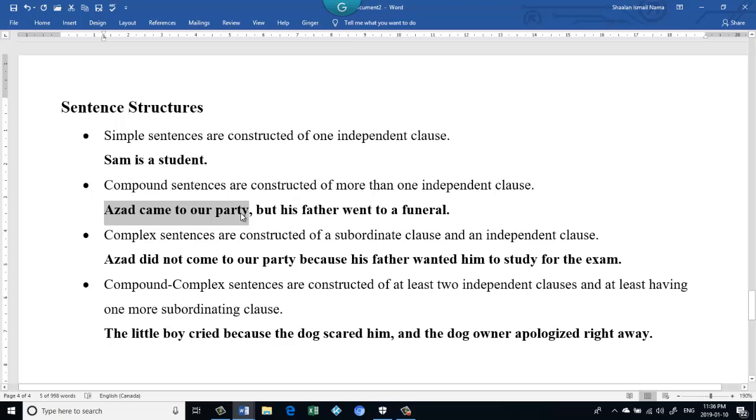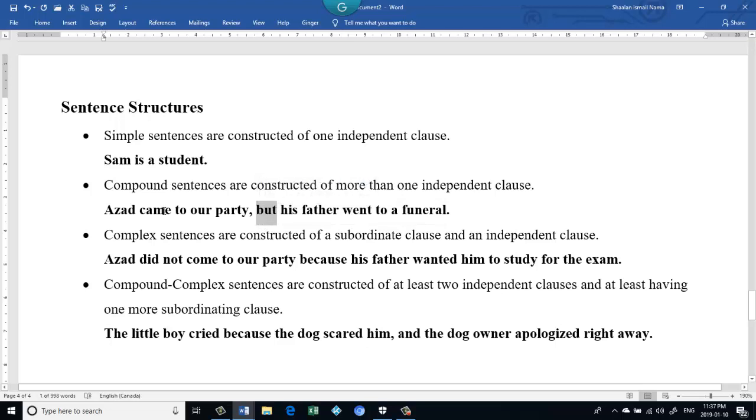This is one independent sentence. Then we have the second sentence also. If we take it from this part, it's independent, like his father went to a funeral is a complete thought. But we have two ideas with each other. If we connect them, we have to have a connector, which we use, but.